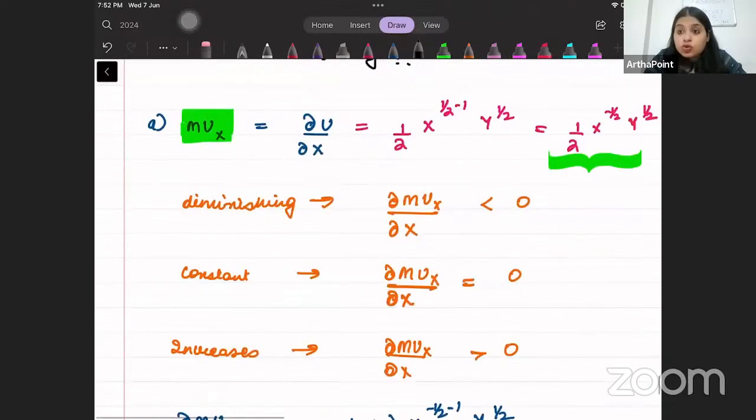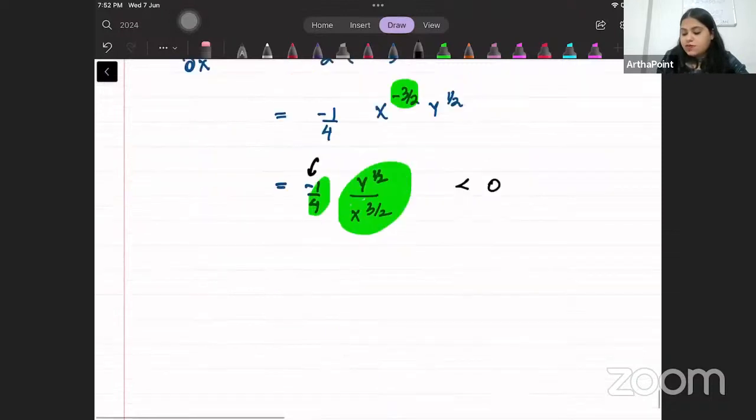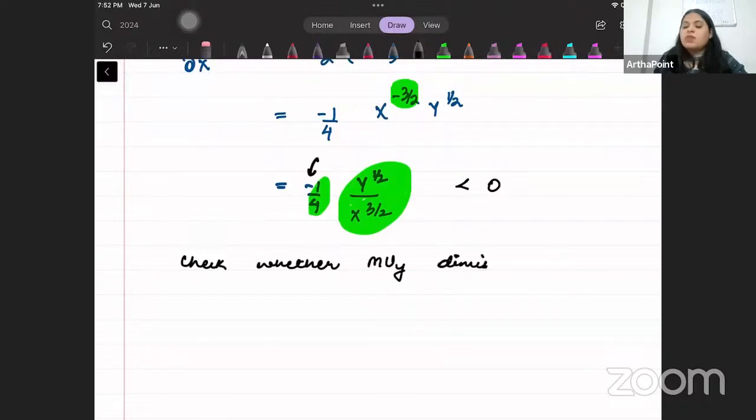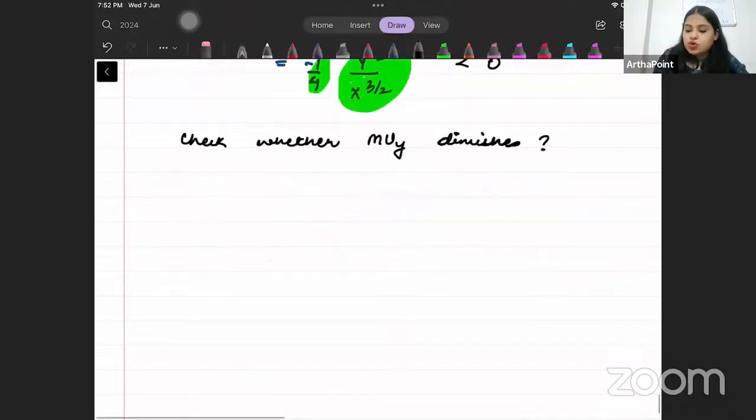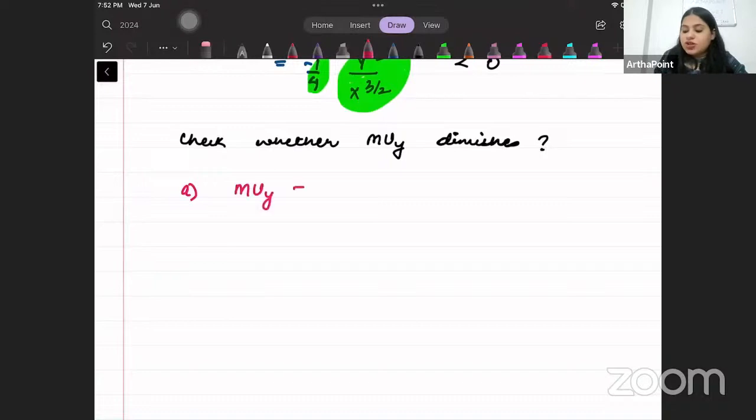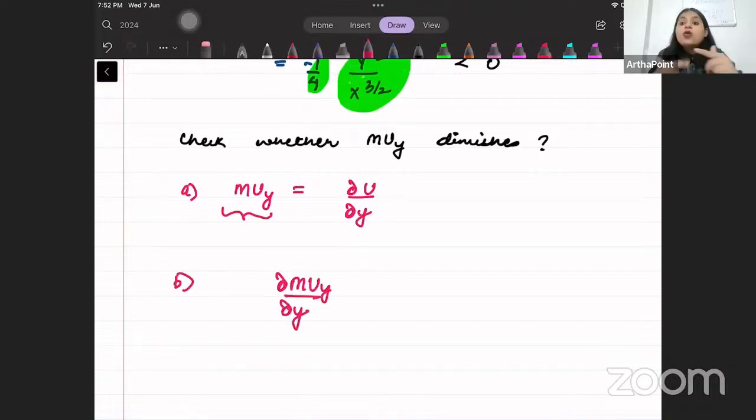But I'm leaving it to you to check whether MUY diminishes or not. This is what you have to do. You will go ahead and find MUY. That means you will differentiate utility with respect to Y. And then whatever MUY you find, you will differentiate that with respect to Y again, because we want to ask how the marginal utility of Y changes as the consumption of Y changes.